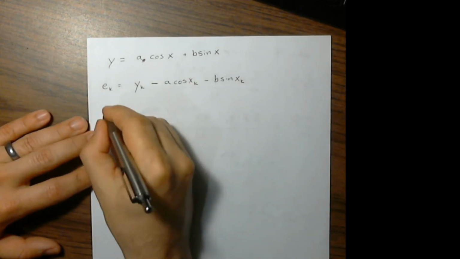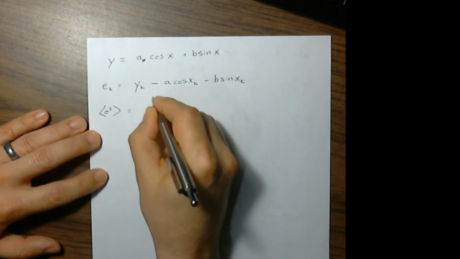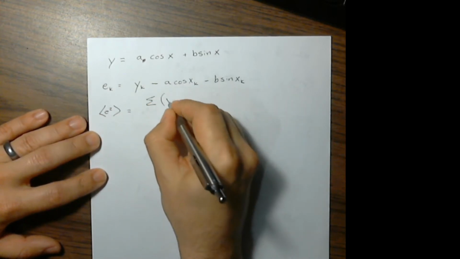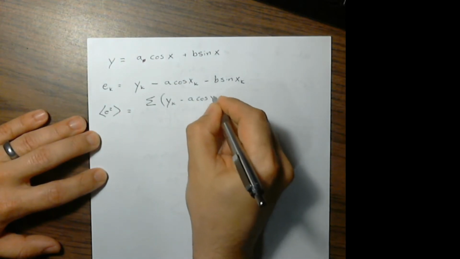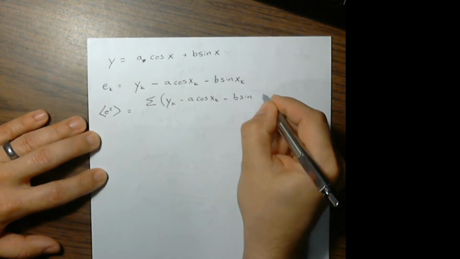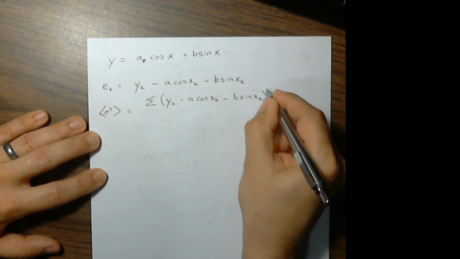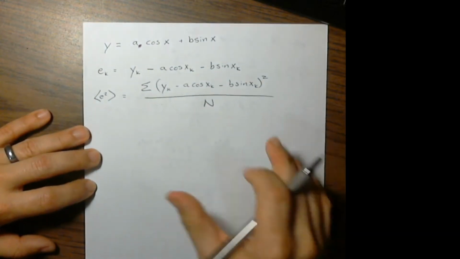All right, and then the expected value of error squared is... okay. And we're ready to start differentiating.